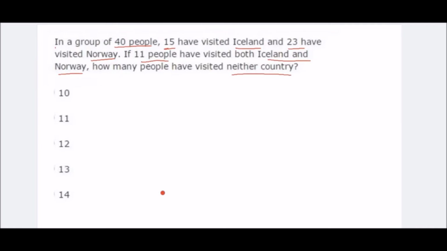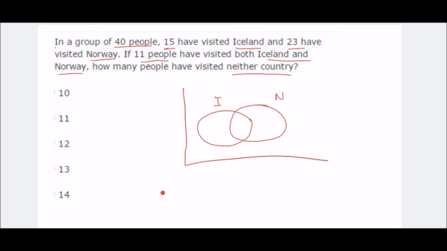We can solve it by making a Venn diagram. Okay, see here, one circle for Iceland. This is for Iceland. Then there is the both condition, so we overlap it, and this circle for Norway, and the box will represent the entire set U.